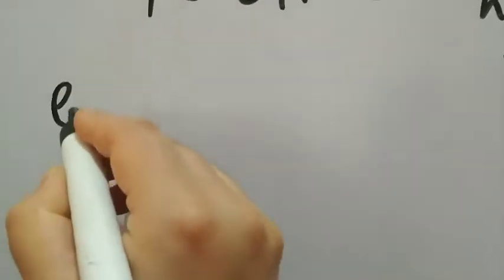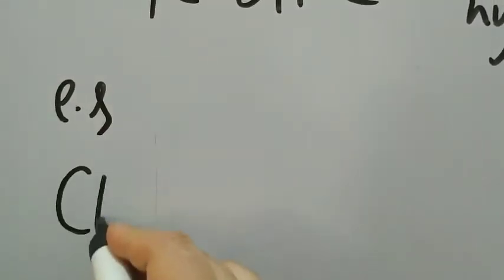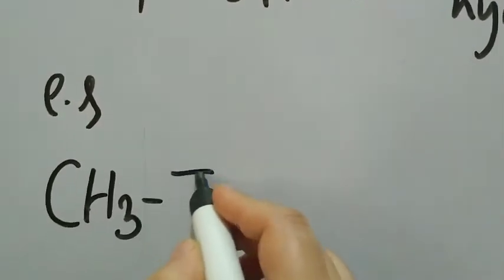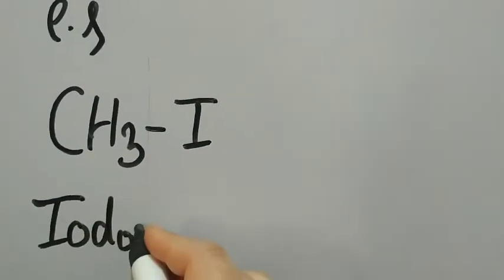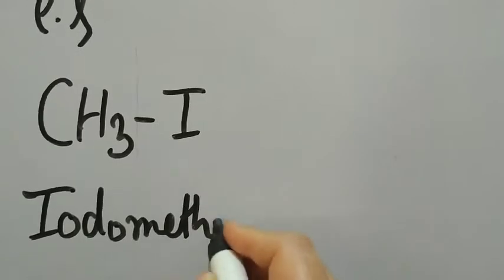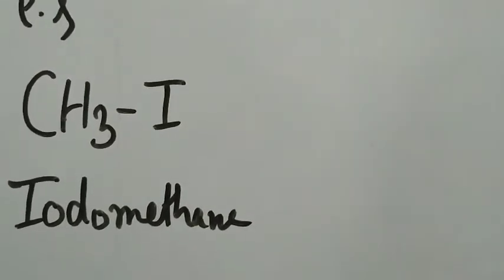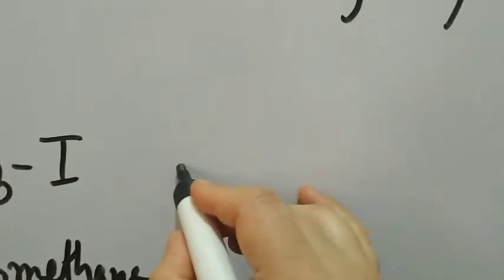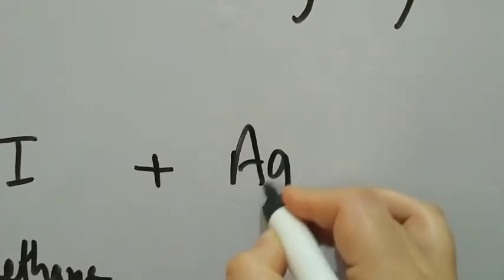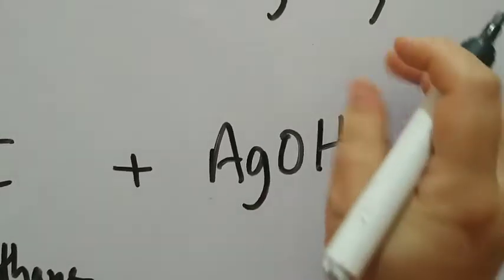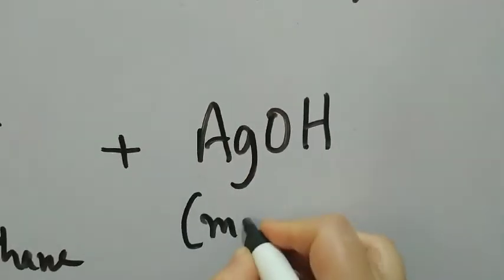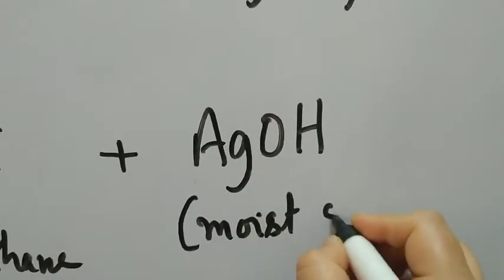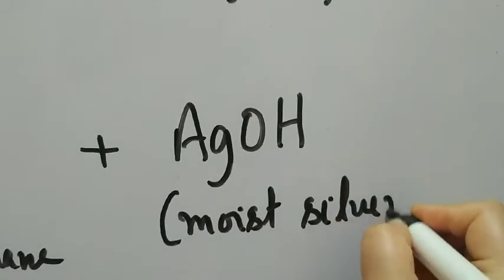For example, let's do a specific reaction. If we start with CH3I, the compound is iodomethane, or methyl iodide. We treat it with AgOH. We are treating it with an oxide of silver, but since it is moist, it is always written as a hydroxide.